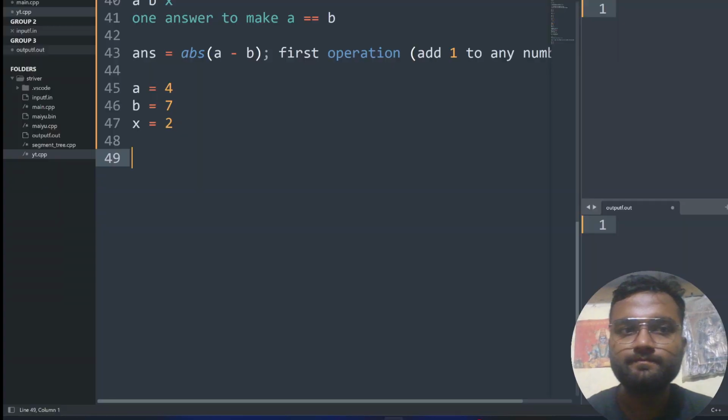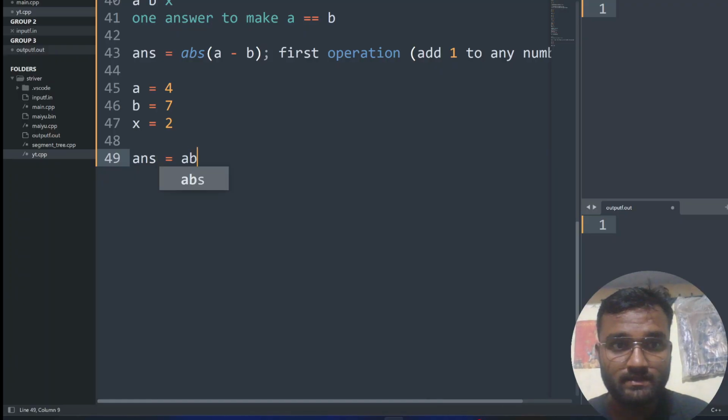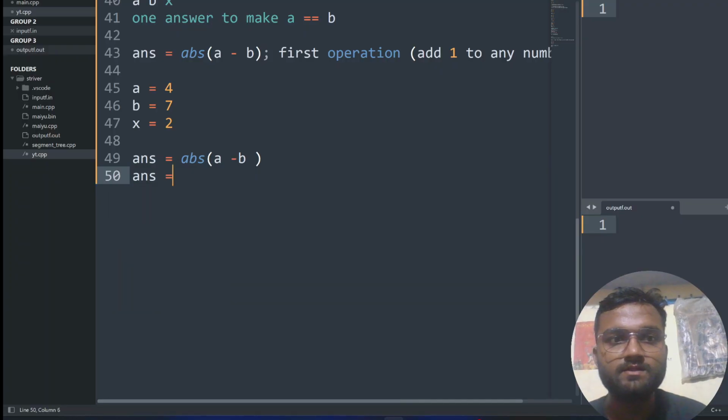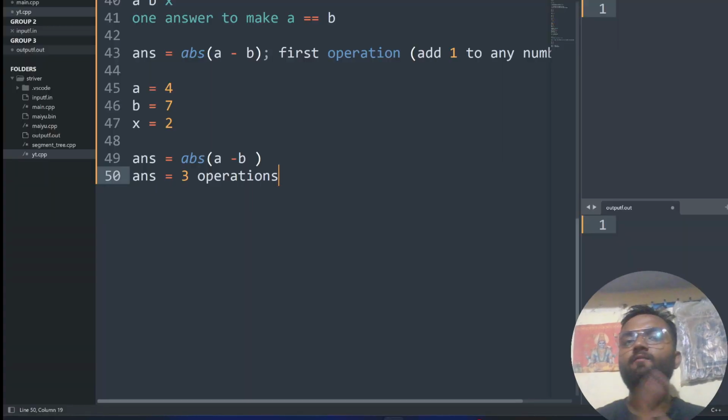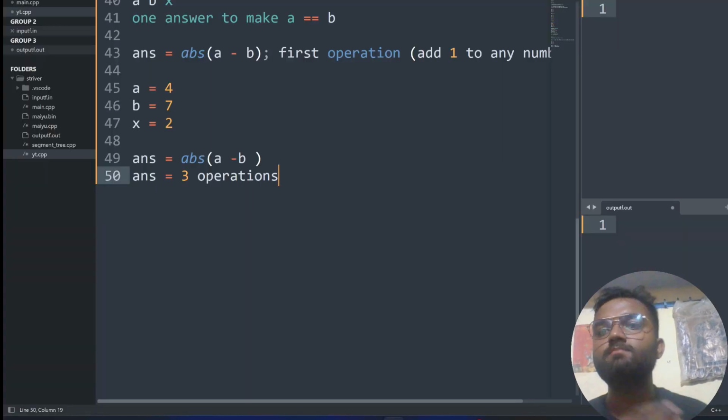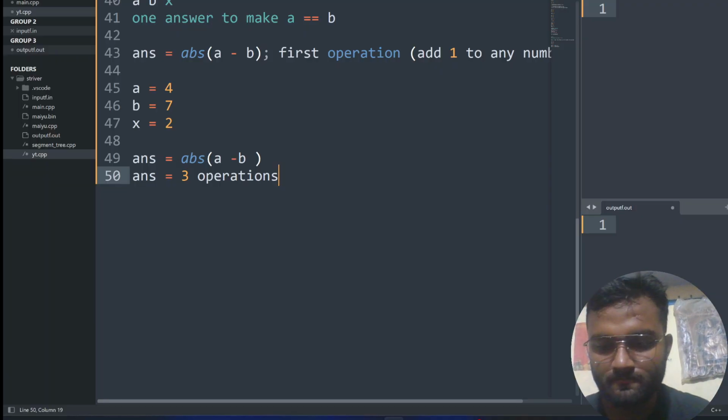The one answer we can instantly get is the absolute value of a minus b, which is 3 operations.